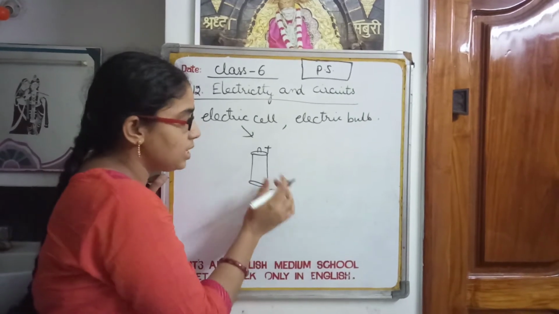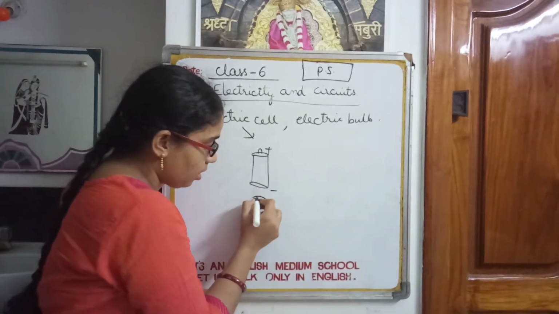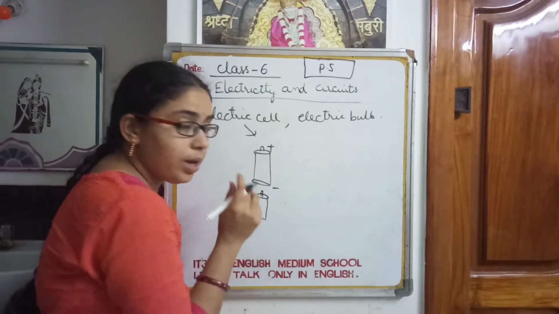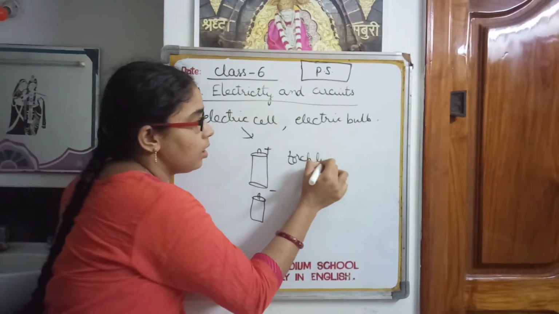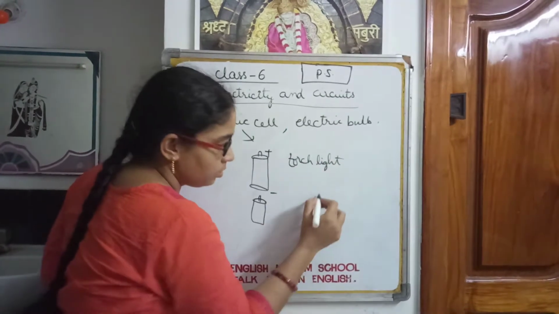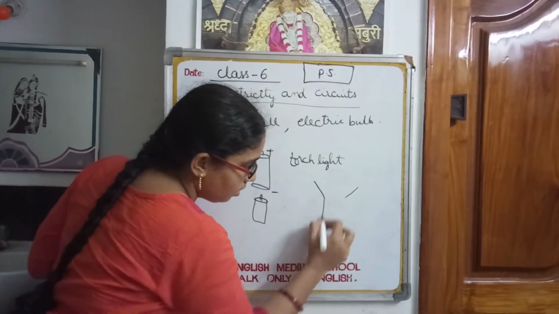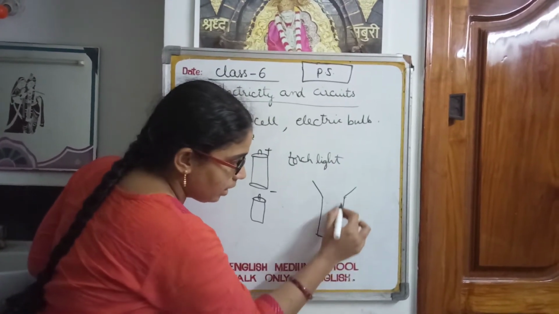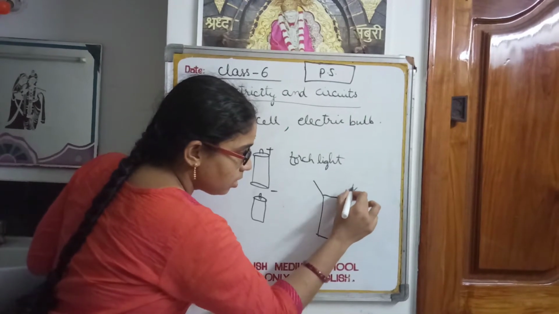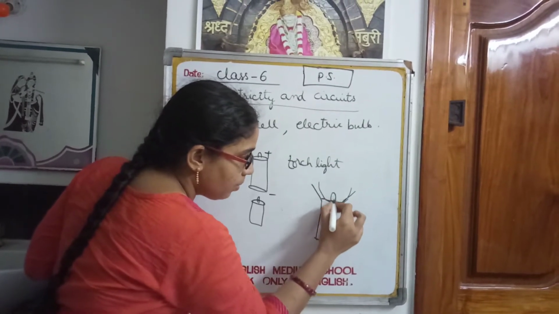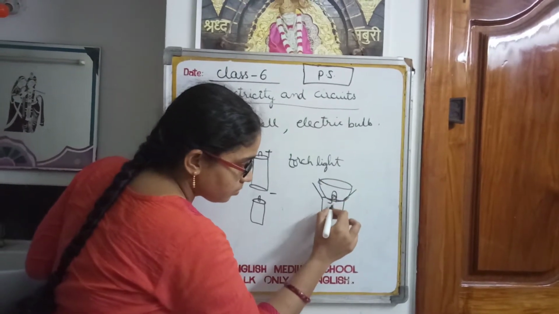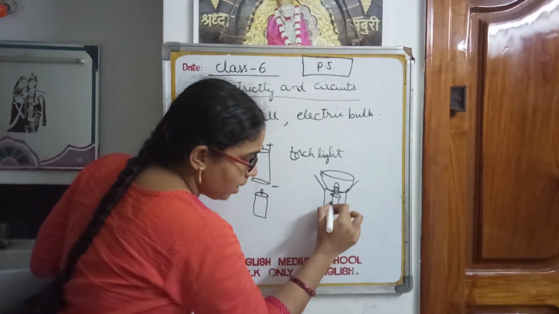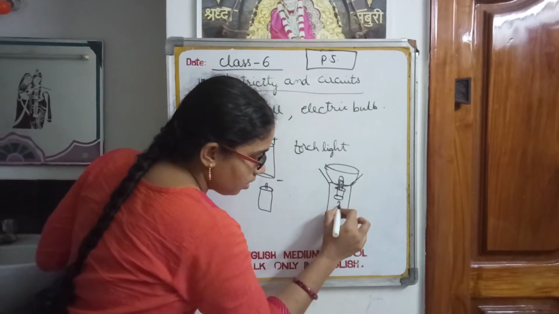If you open a torch light and observe, the internal system will be like this. Here a bulb will be there, and here two batteries will be connected.